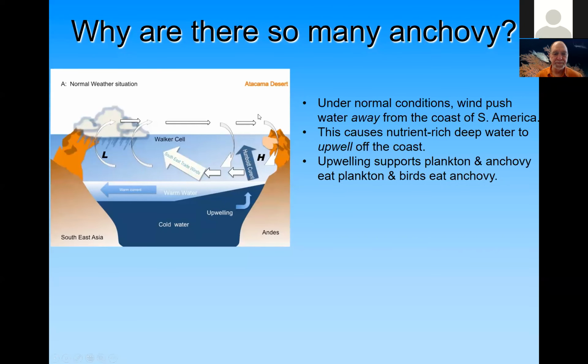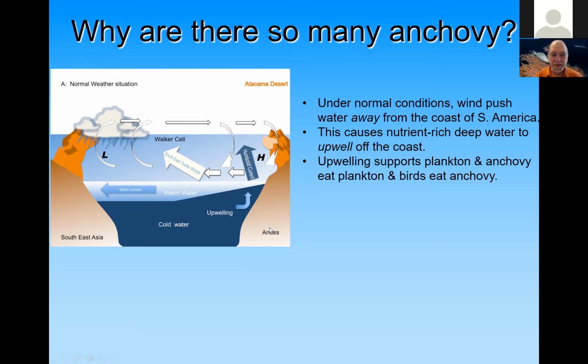Now these anchovy, the populations of anchovy, are supported by high levels of productivity in the photic zone offshore South America. And those high levels of productivity extend up to the level of anchovy, which are secondary consumers, I suppose. So the anchovy eat the zooplankton, which eat the phytoplankton, which are supported by upwelling.